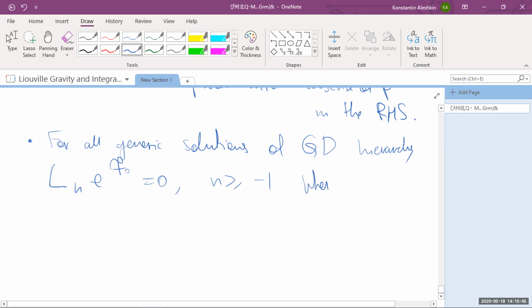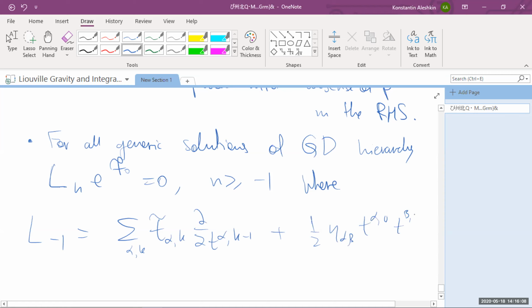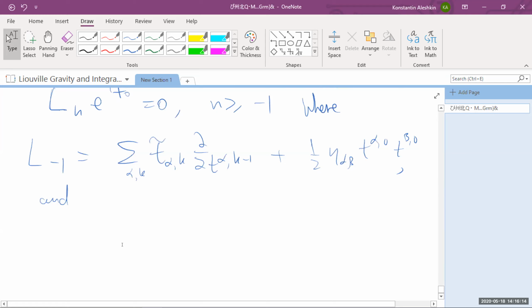Where the string equation is a bit different. L minus 1 is the sum over alpha and k of t twiddle alpha k, d over dt alpha k minus 1, plus alpha beta t alpha 0 t beta 0. So it looks the same, but the t twiddles are arbitrary shifts of times.